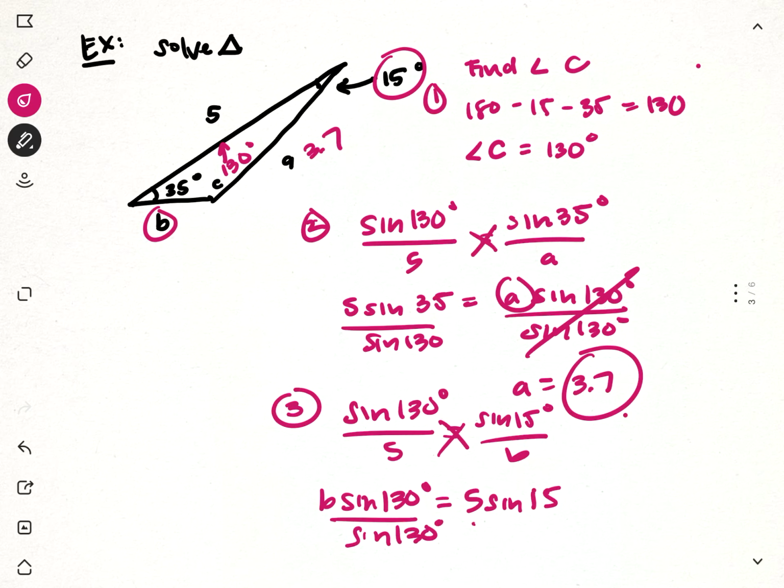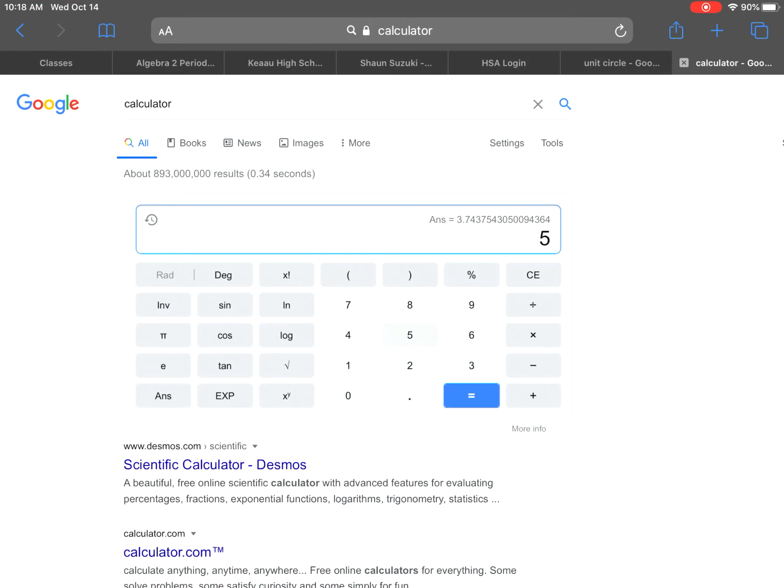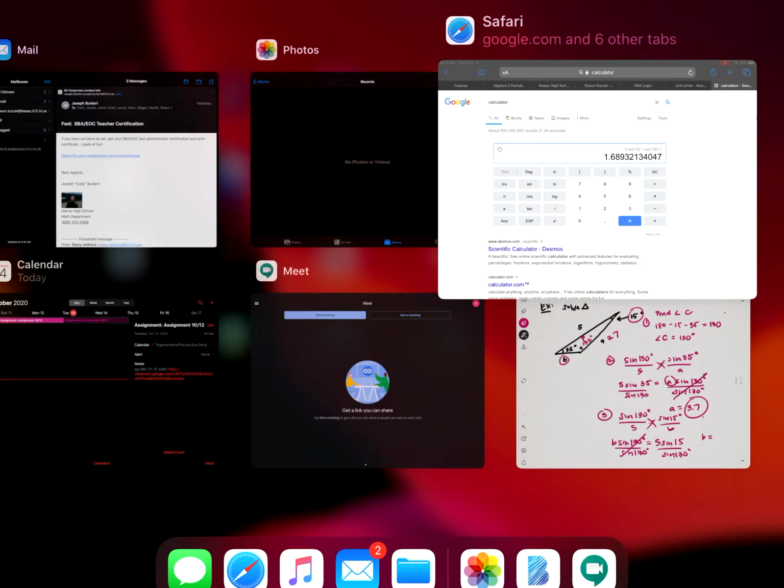You guys might be able to do this without writing all the steps down already because we understand how this stuff works. So B is going to be equal to 5 sine 15 over sine 130. 5 sine 15 divided by sine 130. And we get 1.7.